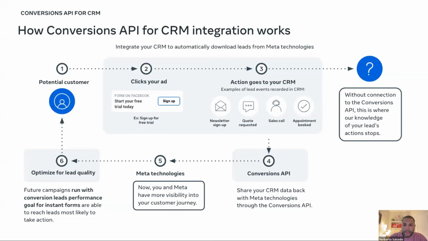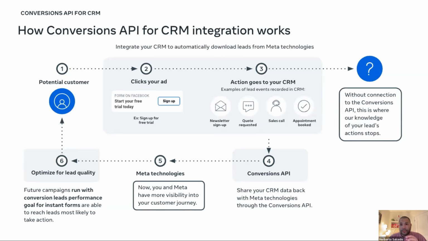With Conversions API integration, you're sharing those funnel stages, or how that customer is moving across the funnel, back to Meta, so that now Meta has more visibility into that customer journey in terms of how they're progressing, whether they've made it all the way through a conversion, maybe they've made it midway and then stopped. And that allows our systems to train and learn based off your business.